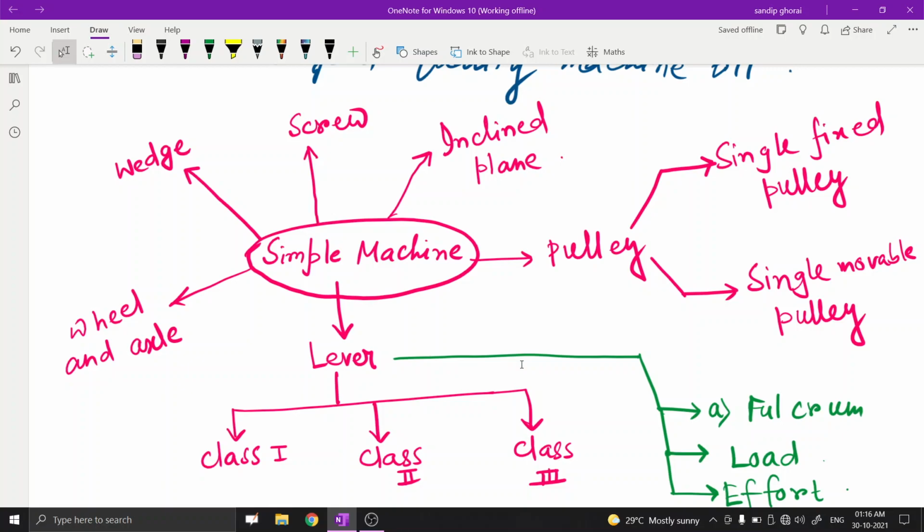For pulley, you have to know what is single fixed pulley and single movable pulley, and the basic difference between them. Particularly, for a single fixed pulley the axis of rotation is fixed, and for a single movable pulley the axis of rotation is not fixed.